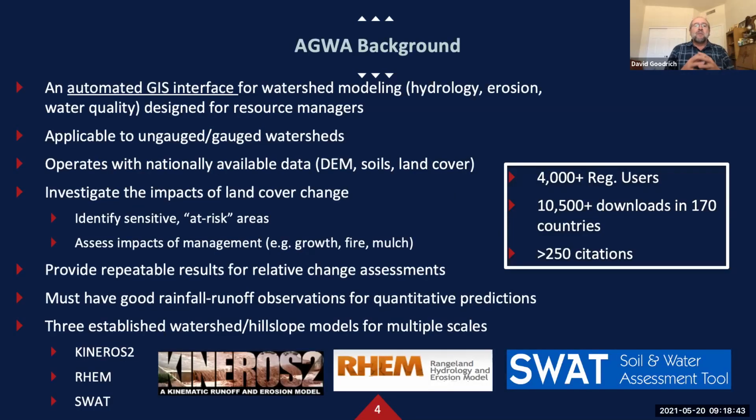So in terms of background, AGWA is an automated GIS interface for watershed modeling, and our endpoints are hydrology, that can be total flow volume, peak rate, and then erosion and water quality with the SWAT model. And it was specifically designed for resource managers.